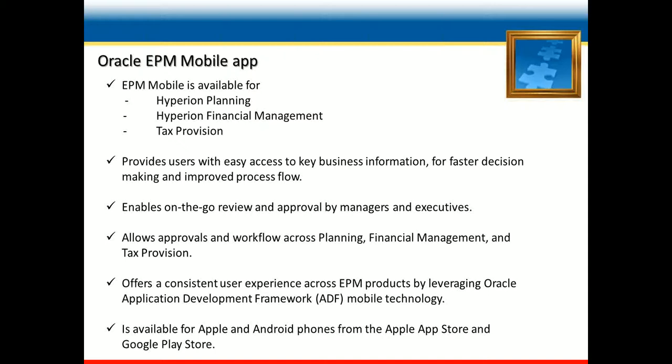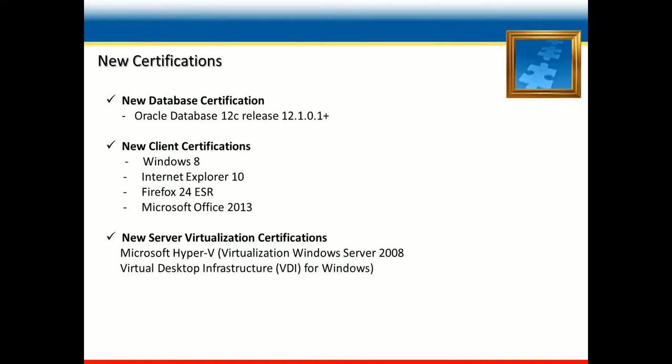It also allows approvals and workflow across Planning, Financial Management, and Tax Provision. It offers a consistent user experience across EPM products by leveraging Oracle Application Development Framework mobile technology. This mobile app is available on Apple and Android phones from the Apple App Store and Google Play Store.